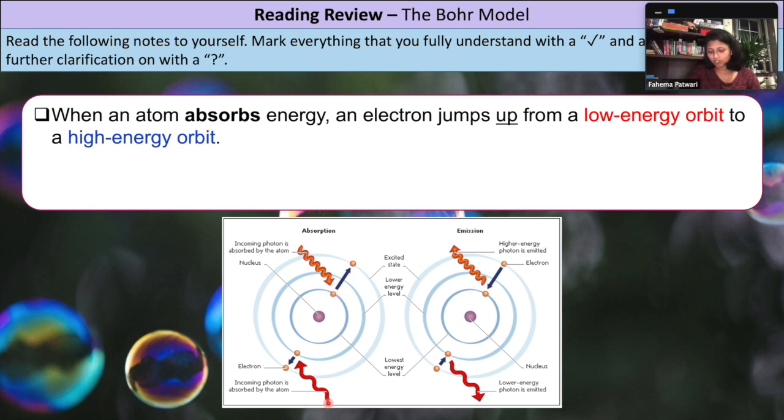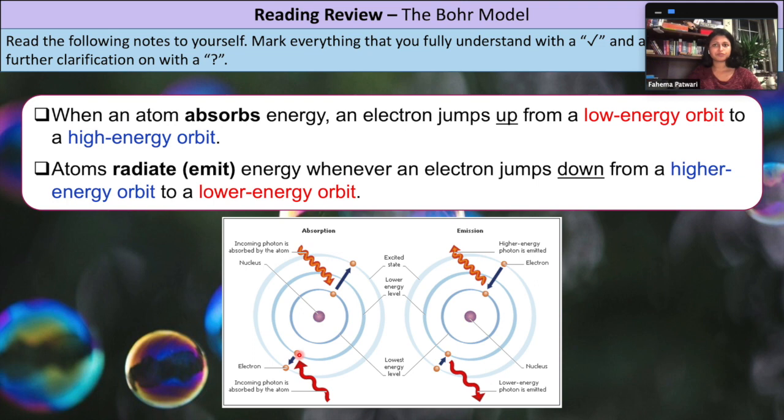If a low energy photon is absorbed, then the electron is able to jump up only a little bit. So here we see atoms absorb energy to allow its electrons to go to a high energy orbit, and then when the electron jumps back down, the atom radiates or emits energy.